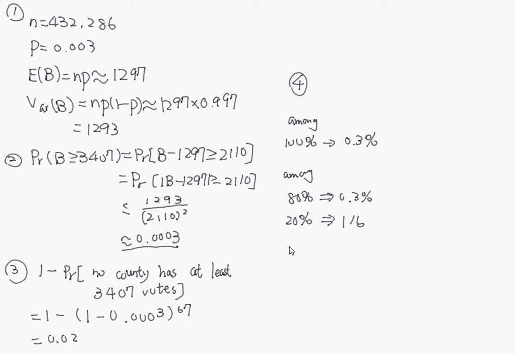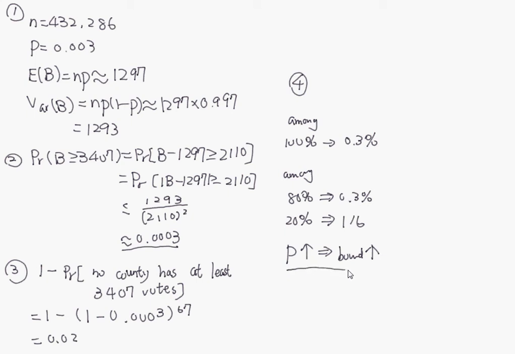So we can see that the probability the voters vote Buchanan is higher. So from this observation, we know that the bound should be higher. Okay, this is question 4.